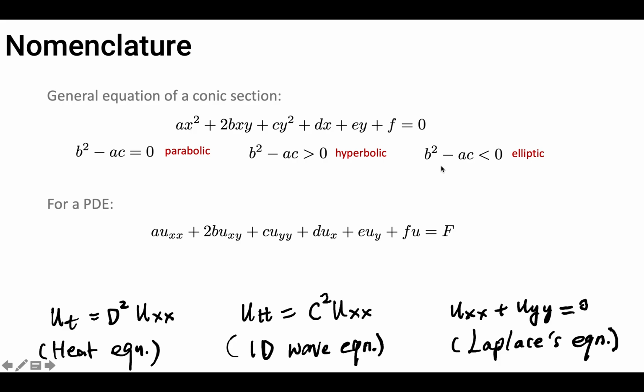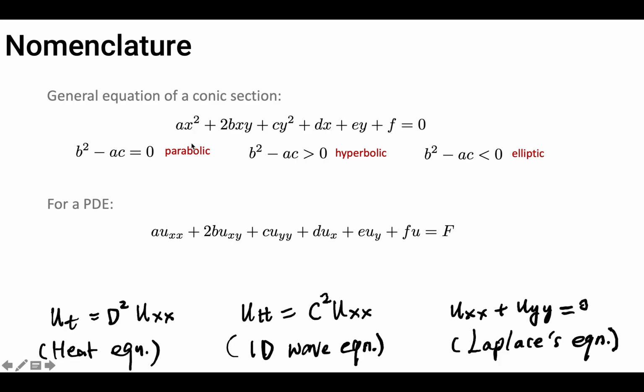And if b squared minus ac is negative, we'll say that this equation describes an elliptic curve. And similarly, we can define the so-called parabolic partial differential equation, hyperbolic partial differential equation, and elliptic partial differential equation.